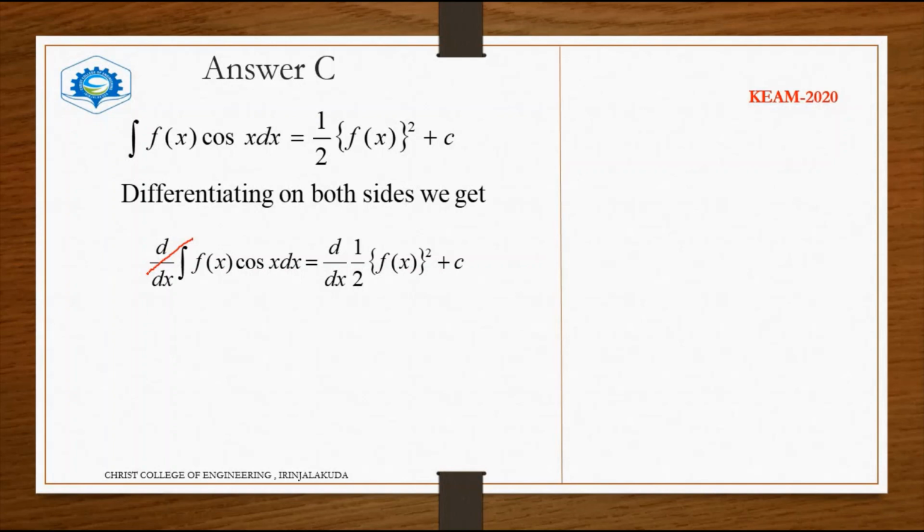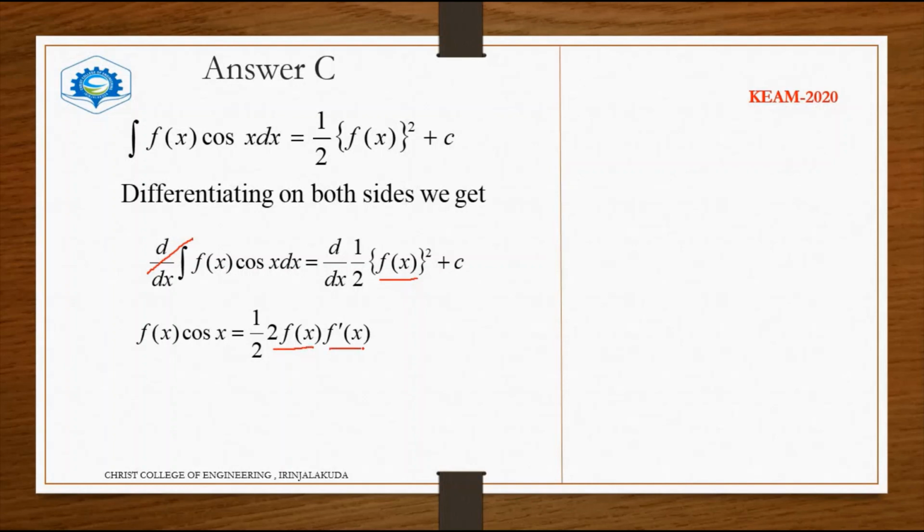And what about the right hand side? What is the differentiation of 1 by 2 f of x whole square? It is 1 by 2 into, what is the differentiation of f of x whole square? 2 into f of x into, and f of x you have to differentiate again.